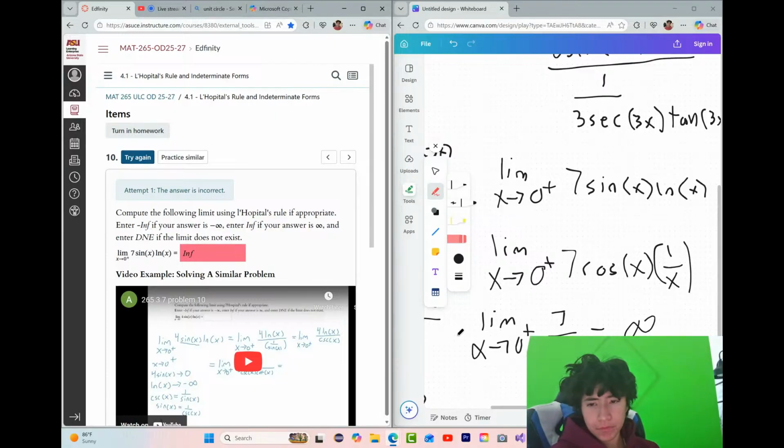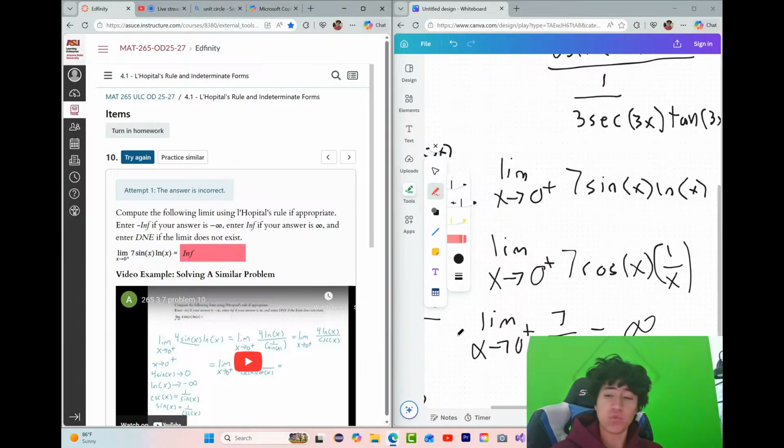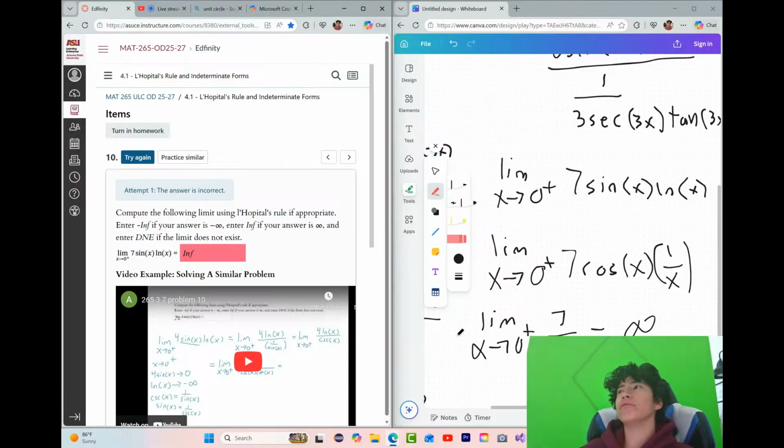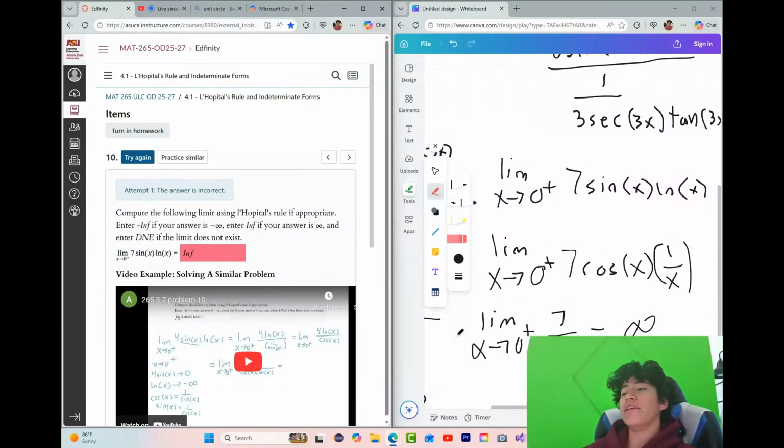So cosine of 0 is 1, and 1 over x, or 1 over 0, is infinity.